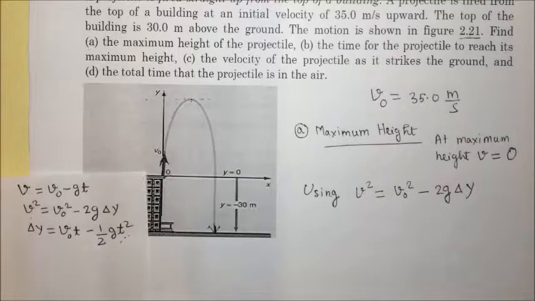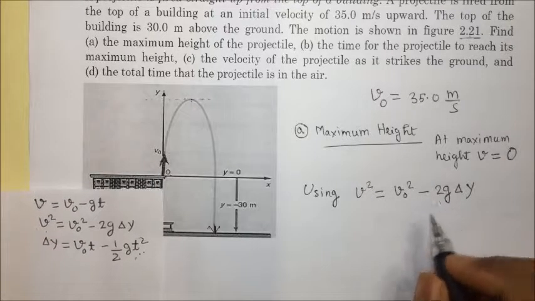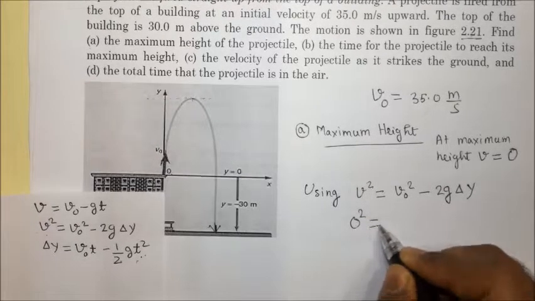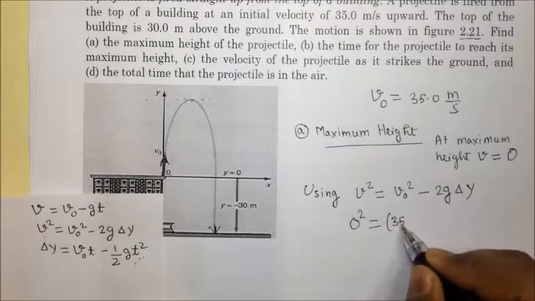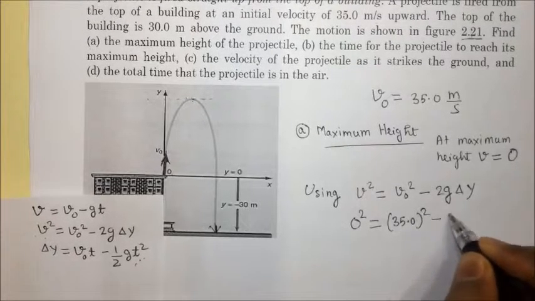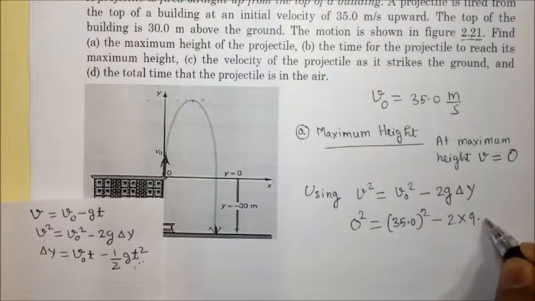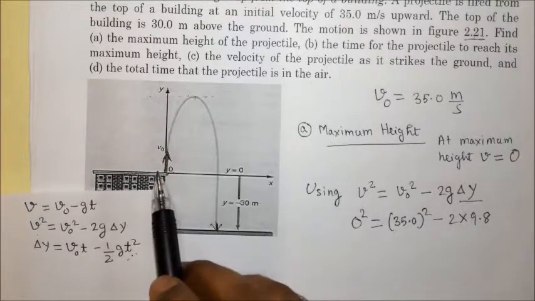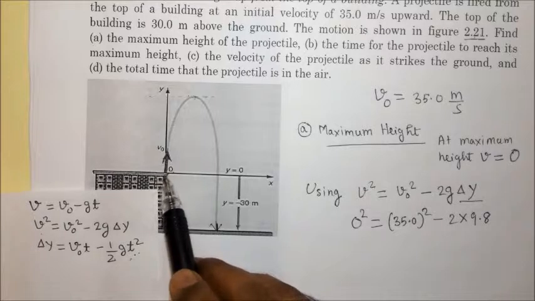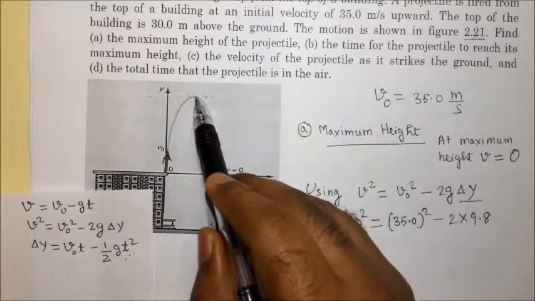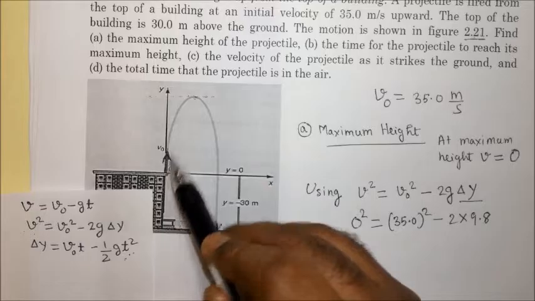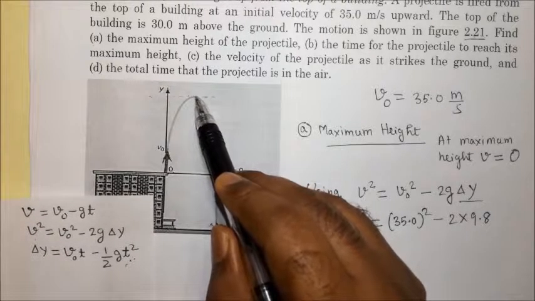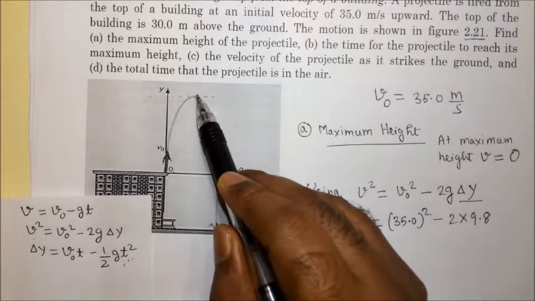So what happens here? At the top, this is 0. 0 square is equal to 35.0 square minus 2 times 9.8 delta Y. Delta Y is looking from the top of the building to the point where the projectile reaches the top.